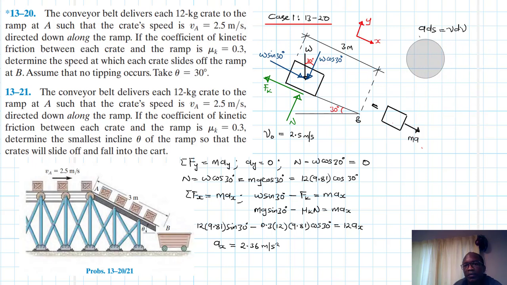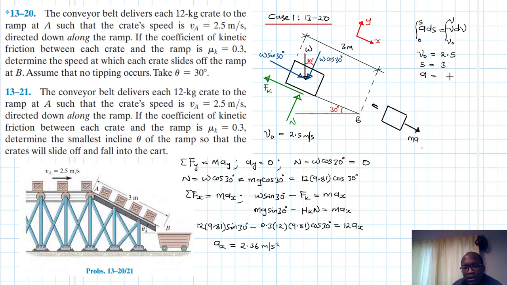Okay, so with that, we are going to integrate from this distance here at A. We are going to say that is our 0 to s, and then here we have our v naught to v. Our v naught is equal to 2.5. Our s is equal to 3.